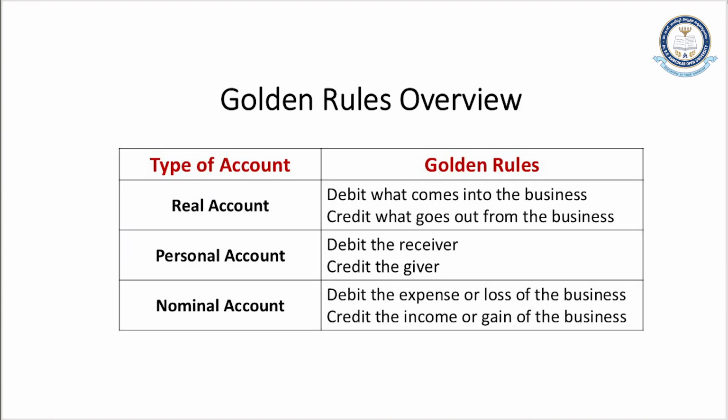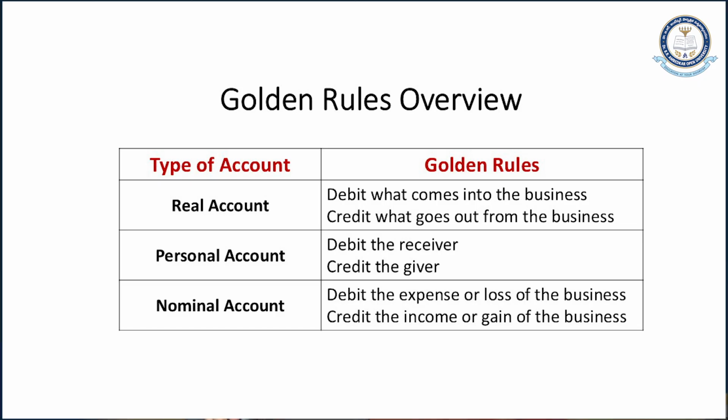So what is the overview of the golden rule? For real account: debit what comes in, credit what goes out. Personal account: debit the receiver, credit the giver. And nominal account: debit the expenses and credit the incomes.